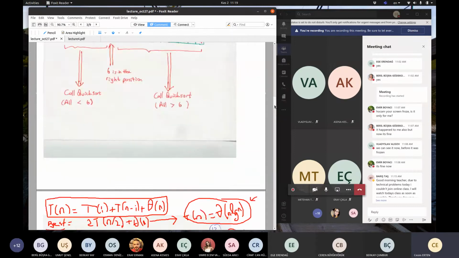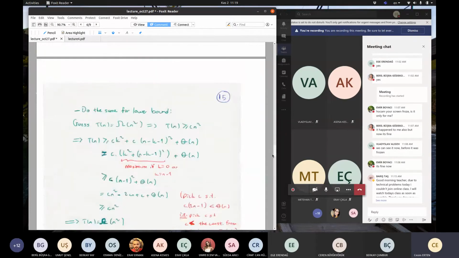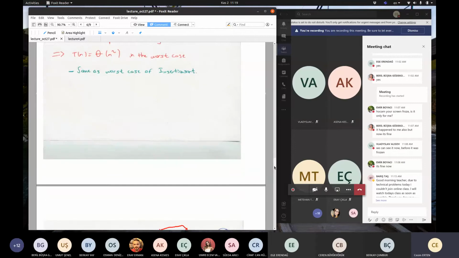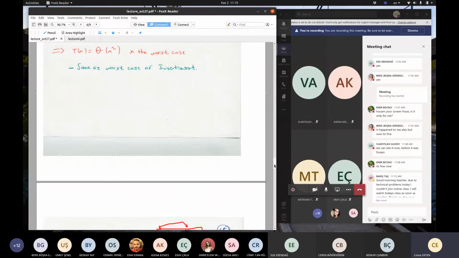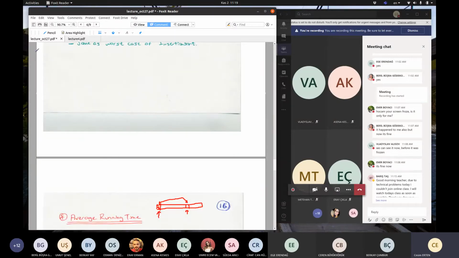Just to give you an intuition of this, rather than providing these mathematical details, consider the following. We said that the running time of the quicksort algorithm depends on where this division happens, where our pivot value ends up.